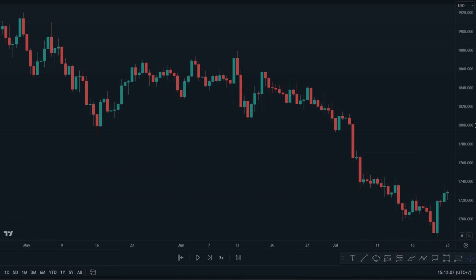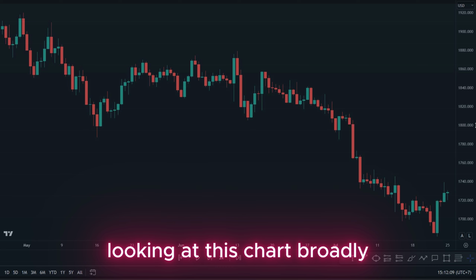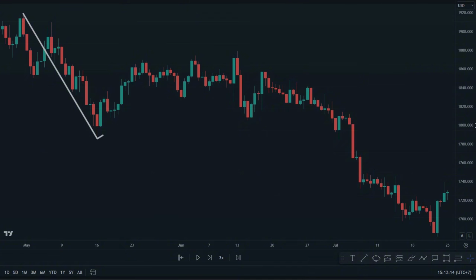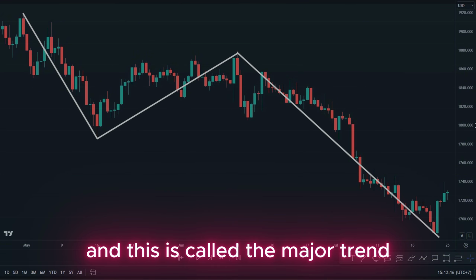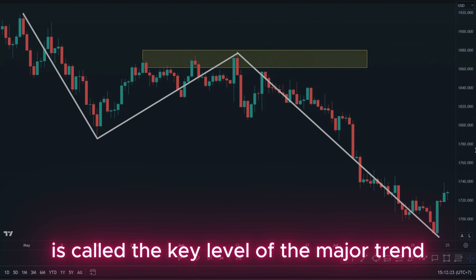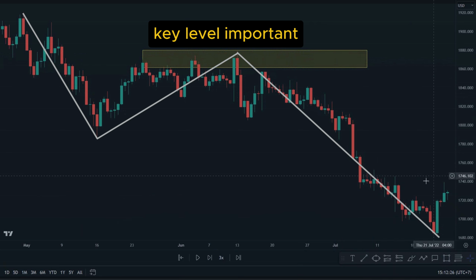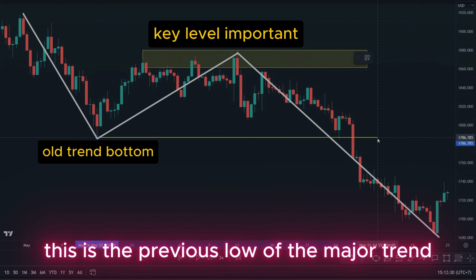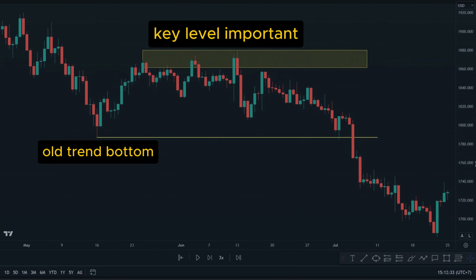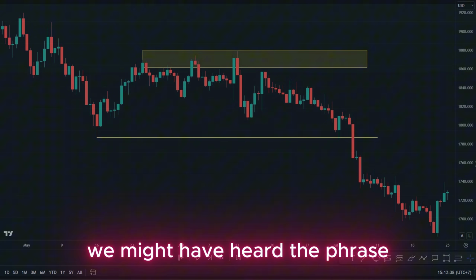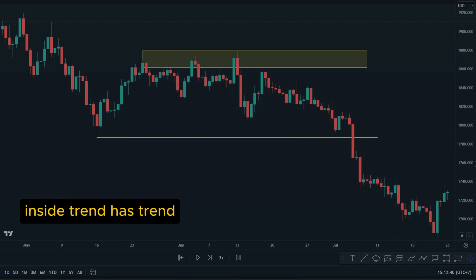Let's analyze together. Looking at this chart broadly, we can all see that the price moves like this. And this is called the major trend. So here is called the key level of the major trend. This is the previous low of the major trend. When we study Dow Theory, we might have heard the phrase, within a trend, there are trends.